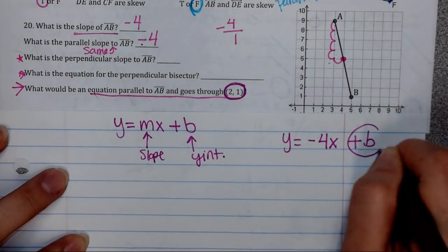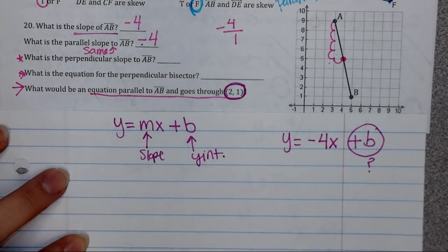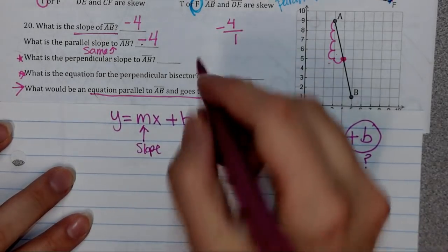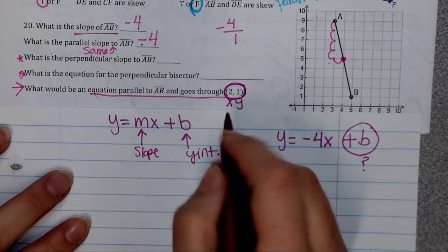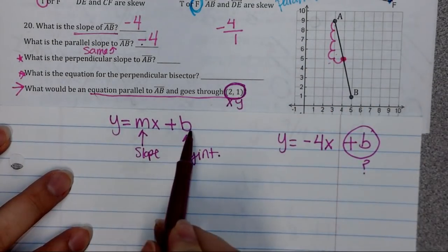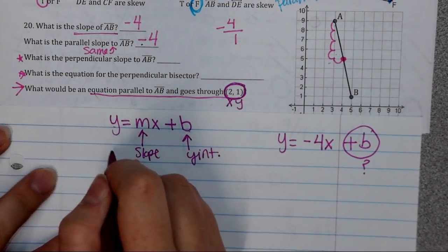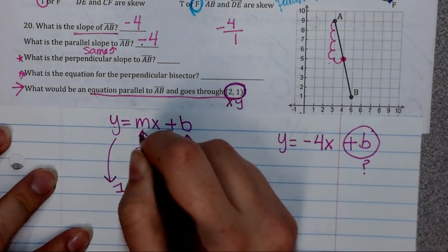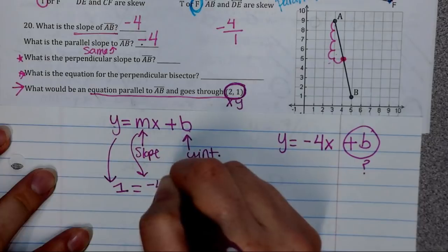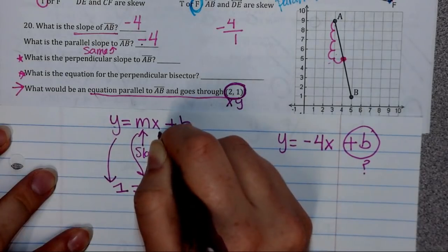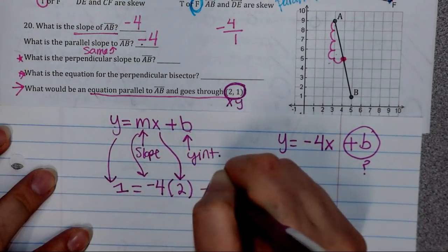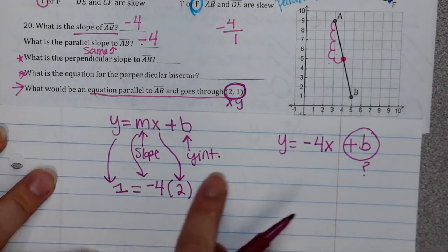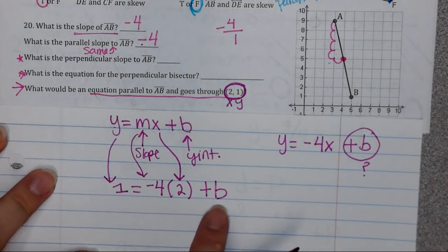We need to figure out what our plus b is. The way that you do this is by taking your 2 and 1, your x and y, and plugging it in here. So we have that our y is 1, our m is -4, and our x is 2. So we have all of this plugged in, and now the only thing we have to solve for is the plus b.